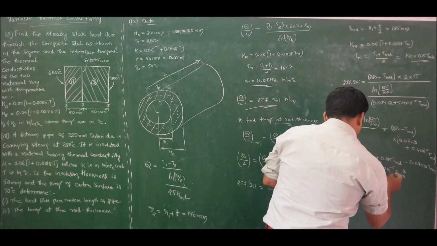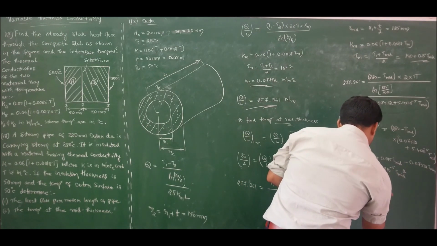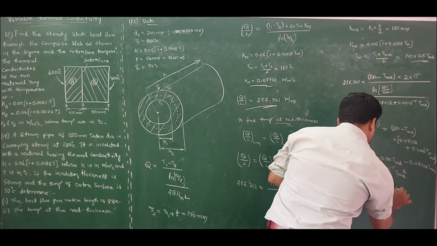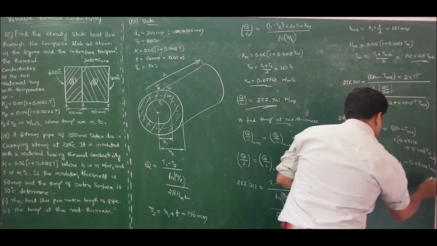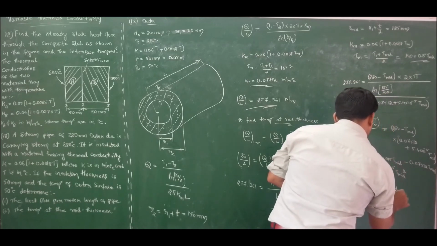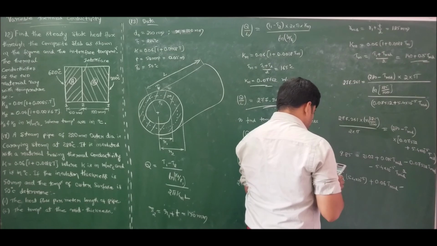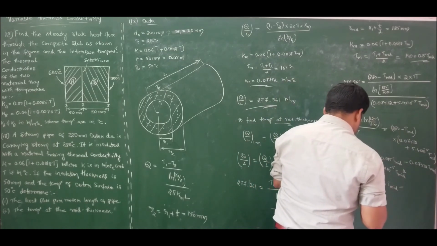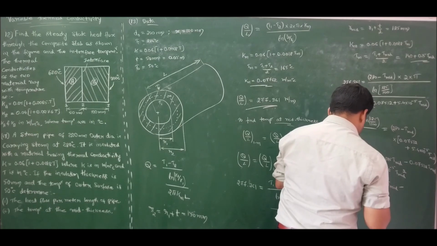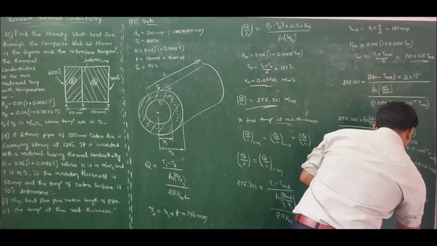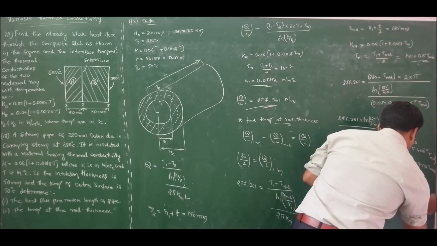So minus of minus will become plus 0.06 T mid, minus 9.85 minus 21.03, that is 11.18, is equal to 0.